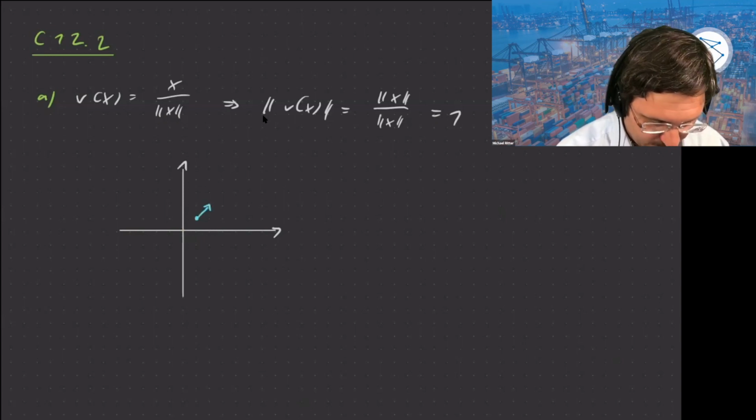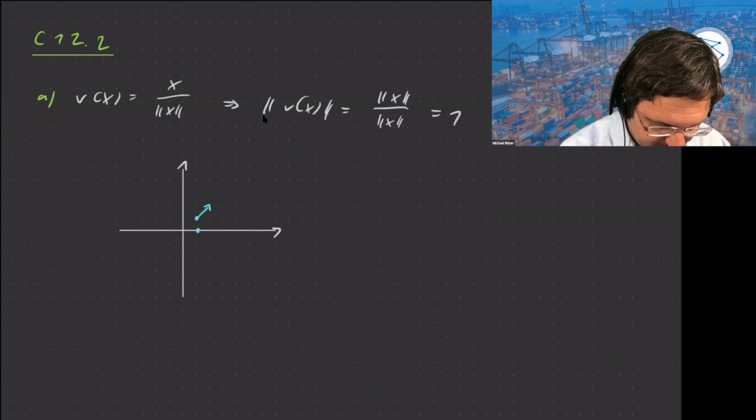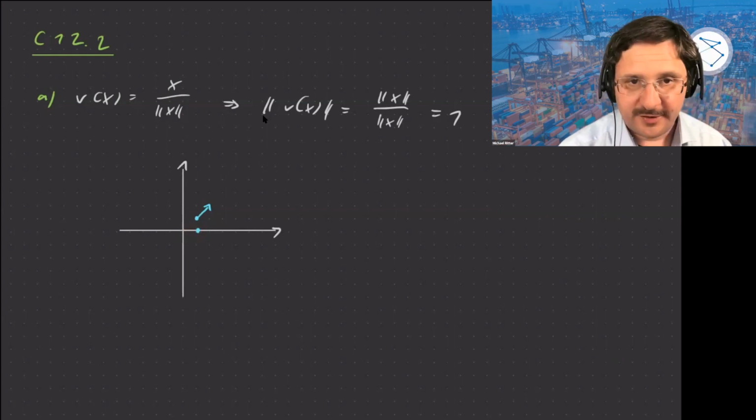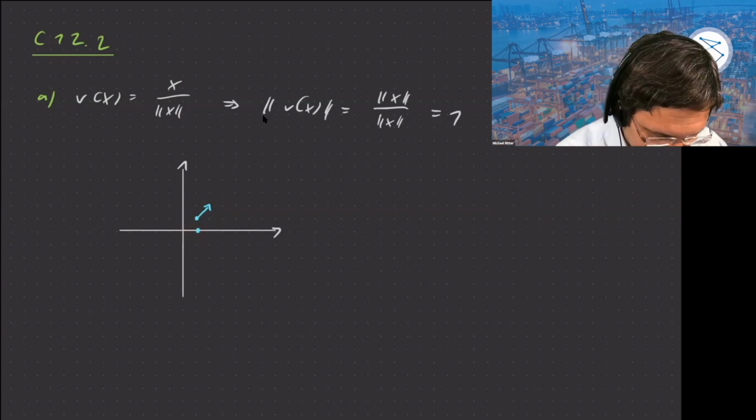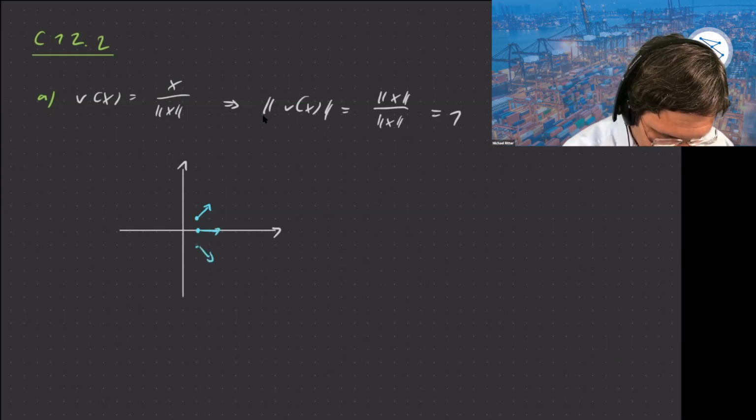So that would be the vector attached here. We're taking this point, the direction is given by this connection here. And of course, we have to attach the vector at the point itself. And again, the length is 1. All right, so that's how that vector field will look like.